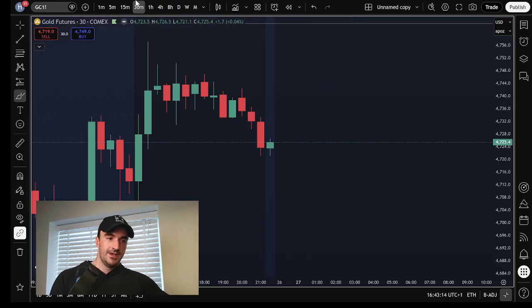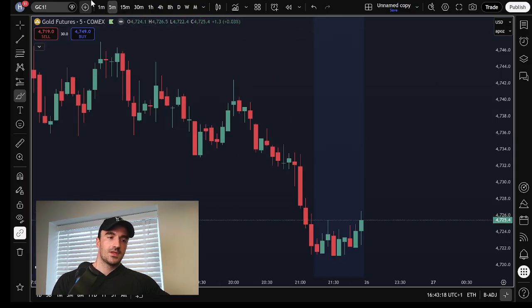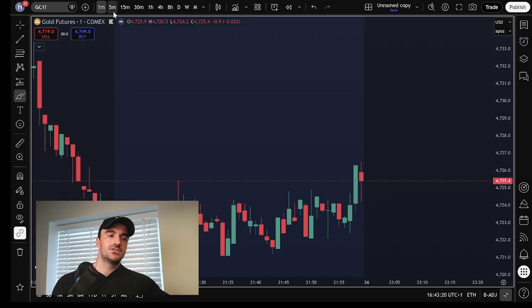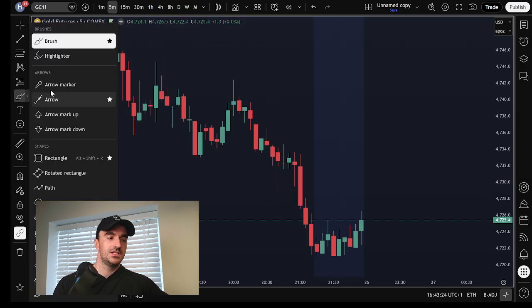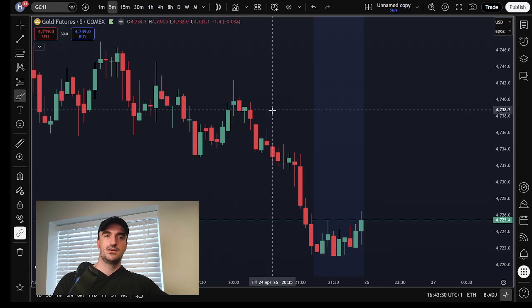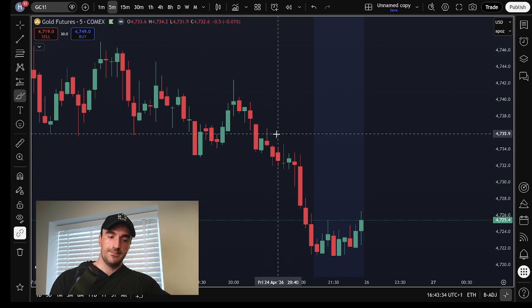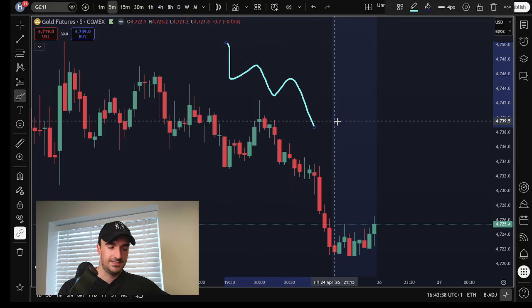It depends. So what I'm looking for first, I would like to see the market structure on the 5 and 15 minutes. For a bearish trade, for a short, I would like to see lower highs and lower lows. So basically, I would like to see the market trending like this.